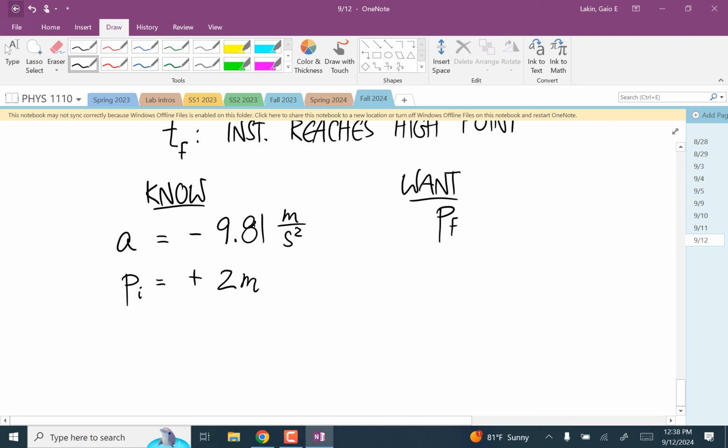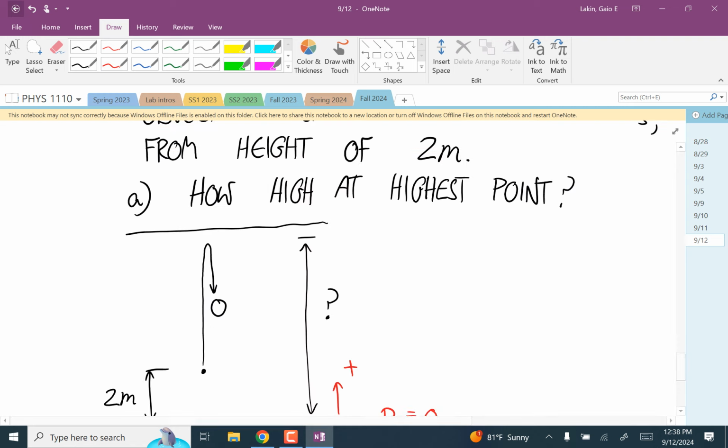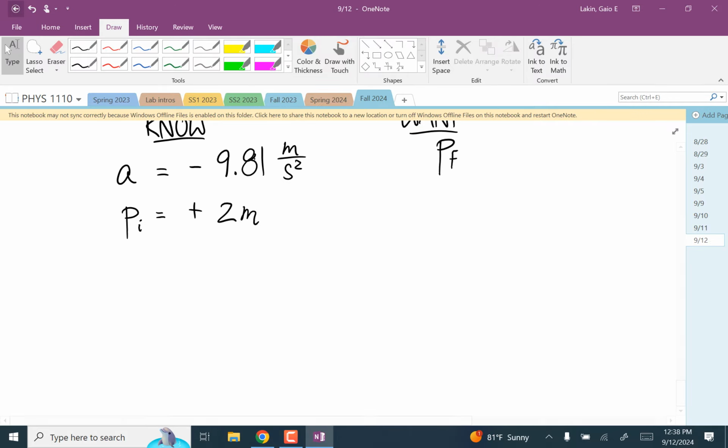Do we know the velocity at time 0? 8, yep. I like to think of this as we're given the speed, and so the velocity is plus or minus the speed, and then we have to think about the direction it's moving. Is it moving in the positive or negative direction? Positive, I chose my positive to be up.